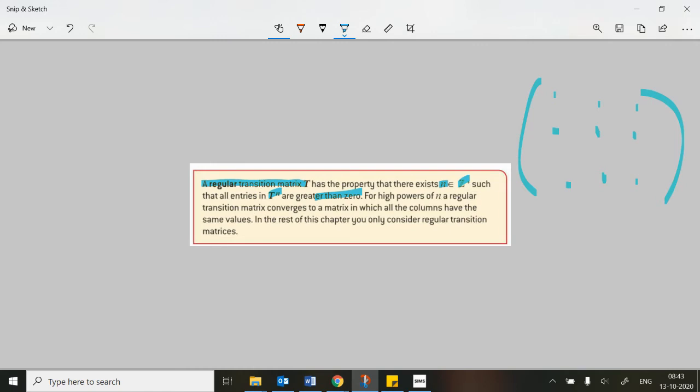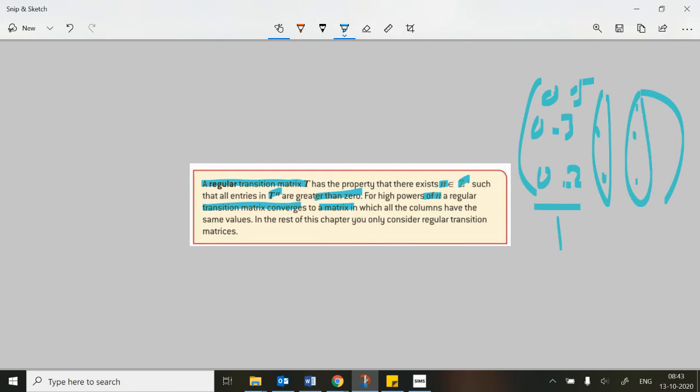And for higher powers of n, a regular transition matrix converges to a matrix in which all of the columns have the same values. So again, remember what we're saying, that could be 0.5, 0.3, 0.2. Remember, this needs to sum to 1. And then each of the columns would be the same there. And we will only deal with these regular transition matrices.